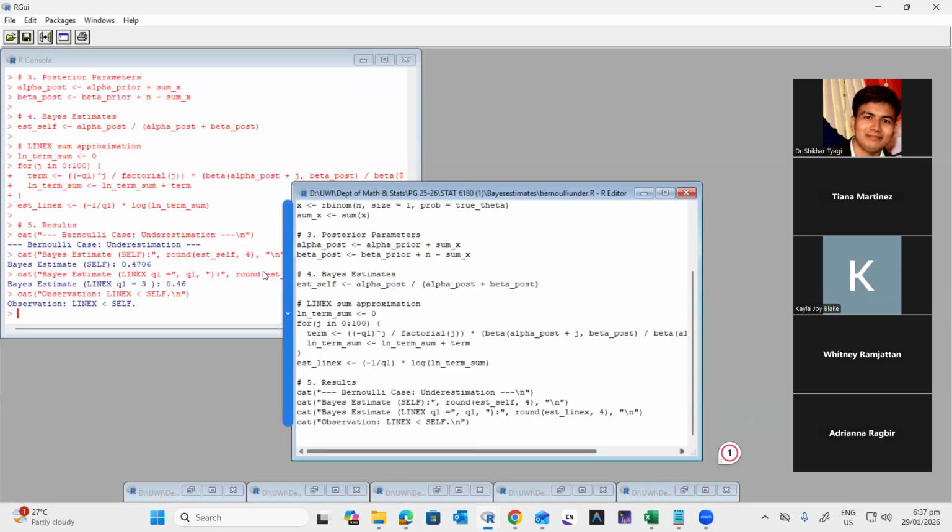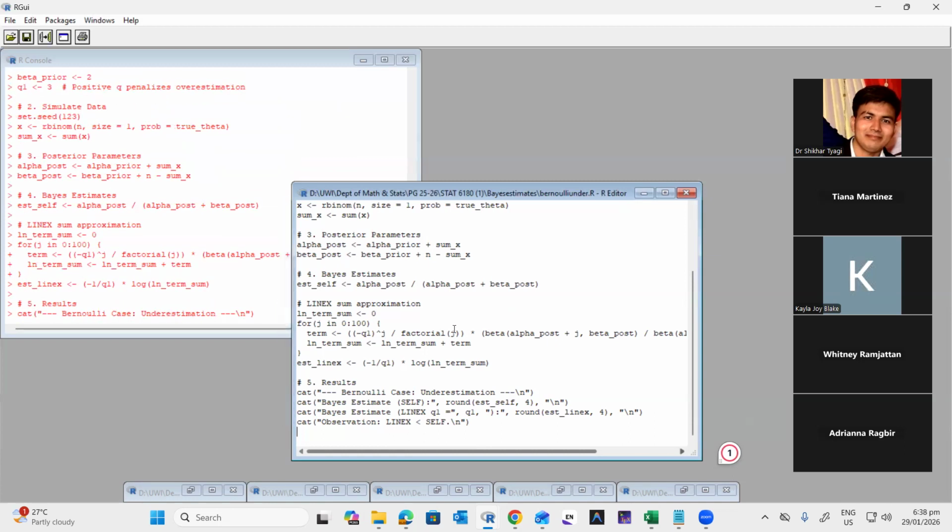All right. So for the value of q1 equals 3, the Bayes estimate under LINEX is quite good compared to the self. This means in both examples, the overestimation is providing a better result compared to the self or underestimation.